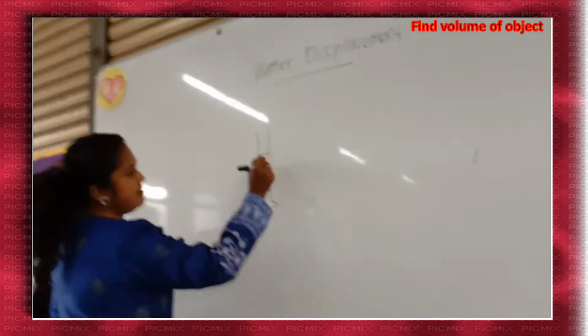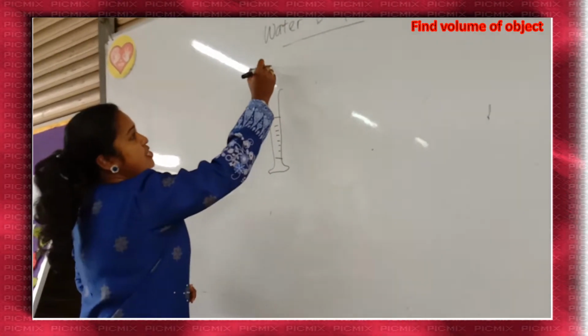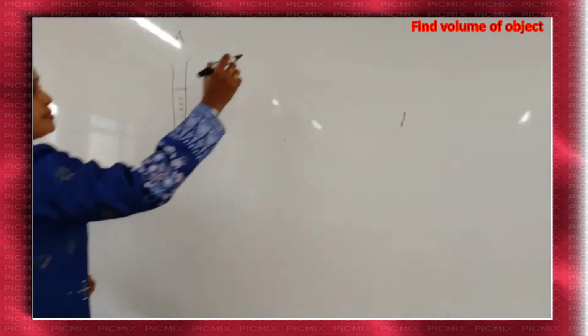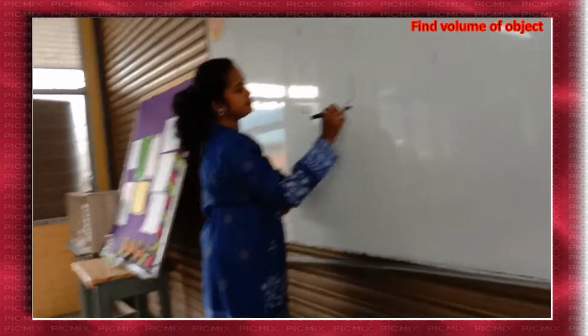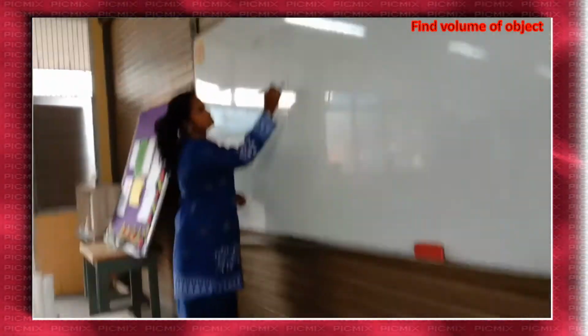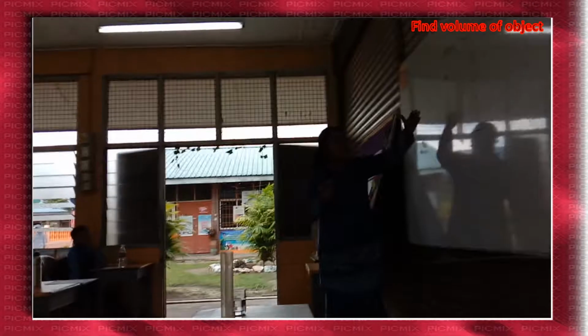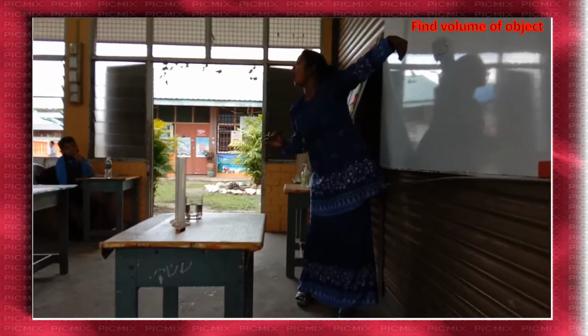Water level. This is measuring cylinder A, and this one is measuring cylinder B. In the first one, I'm going to put a stone inside the water.